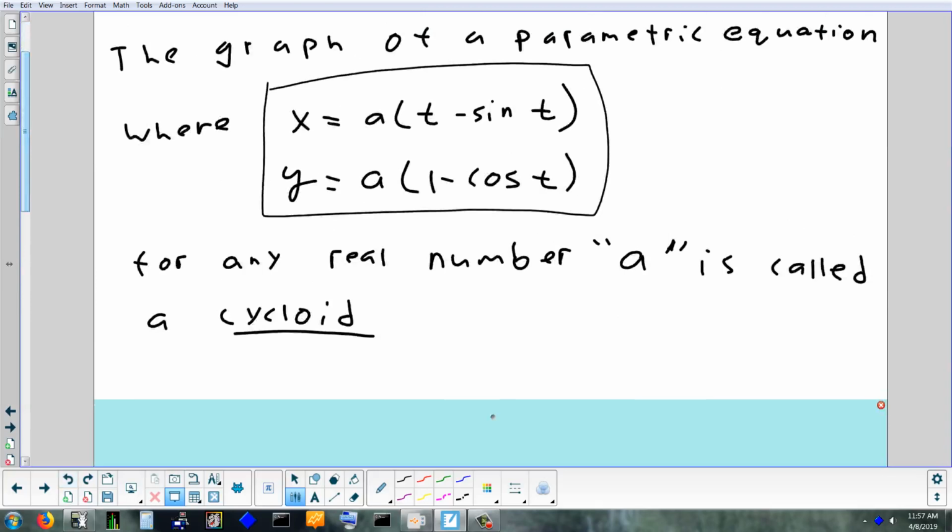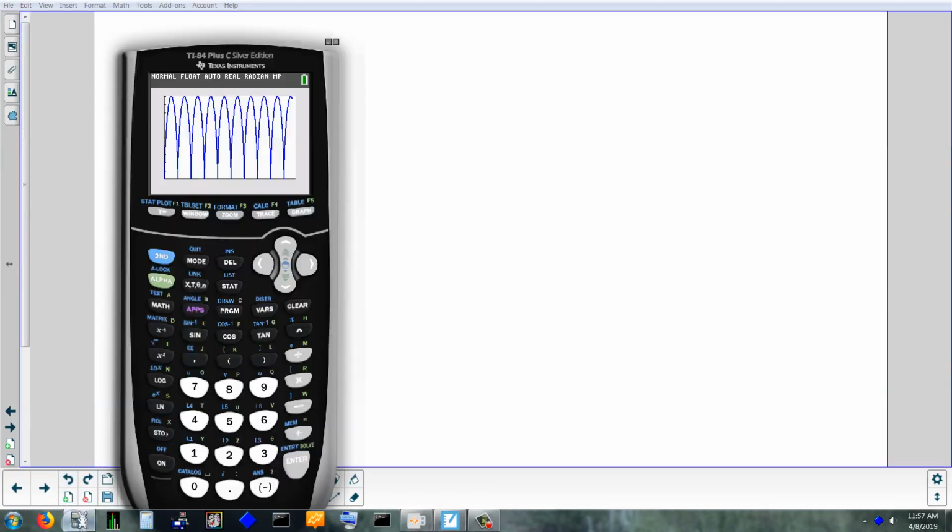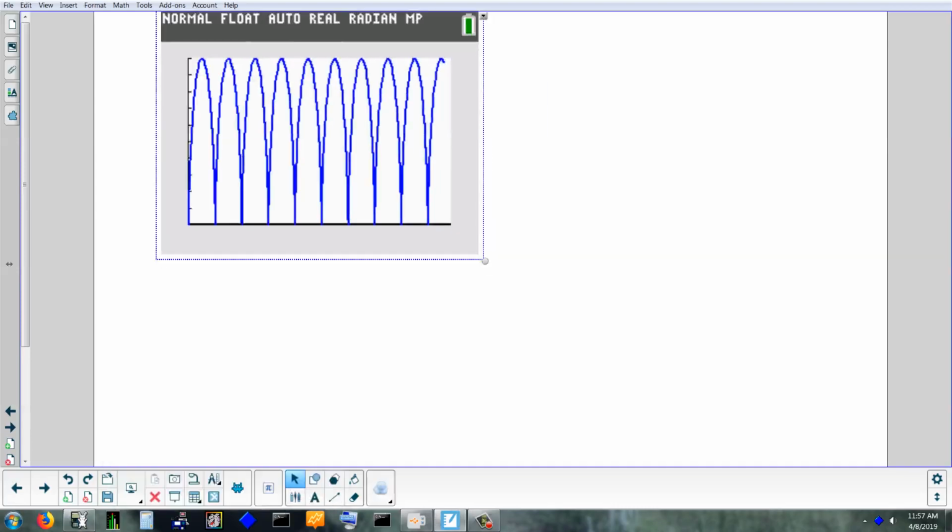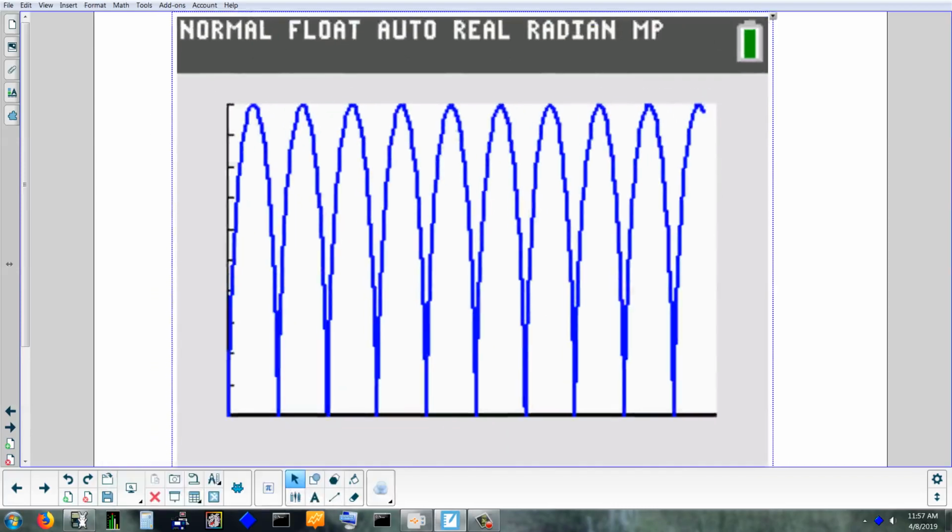Does anybody know what's special about that curve on a cycloid? Something special about it. Let's take that picture and put it on the screen, but I'm going to make it larger, because you need to see this bigger. Okay.